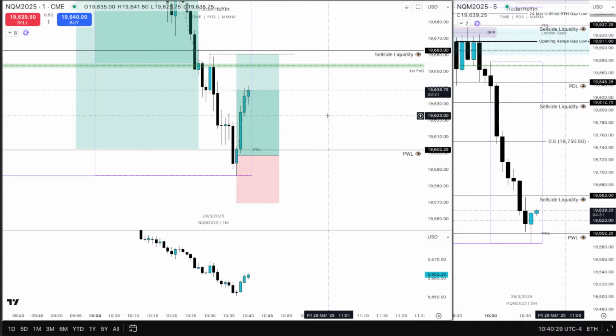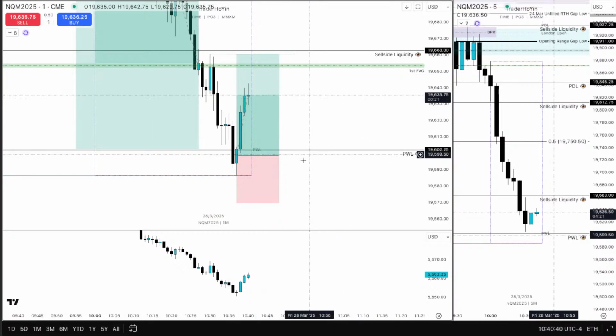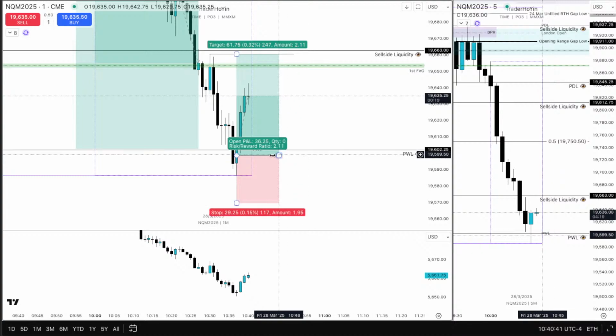See that? So turtle soup is possible. It's the risk you want to take.